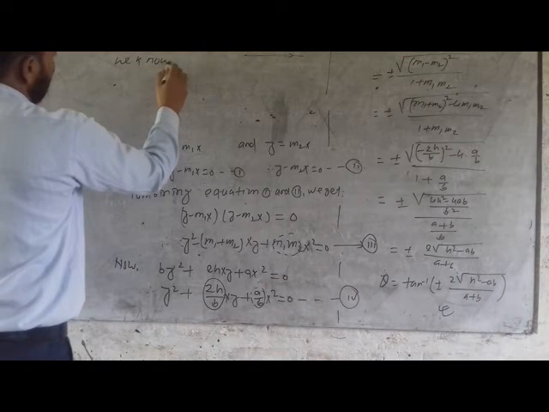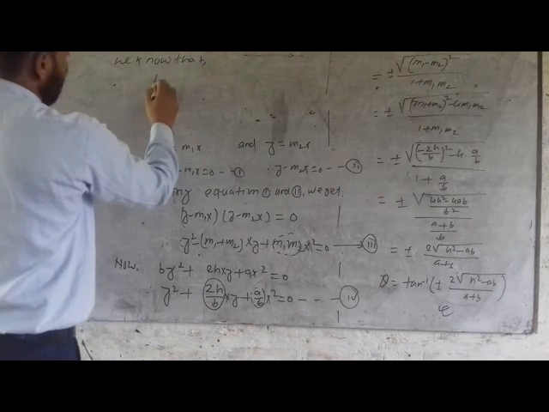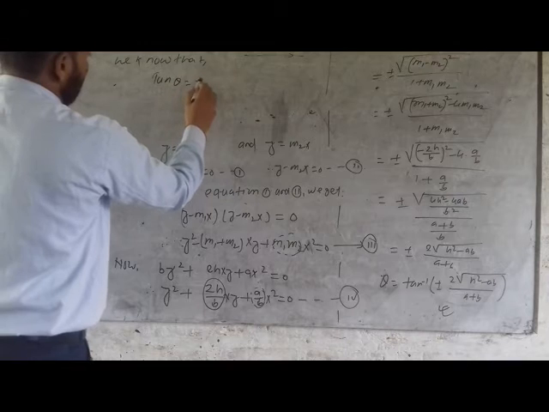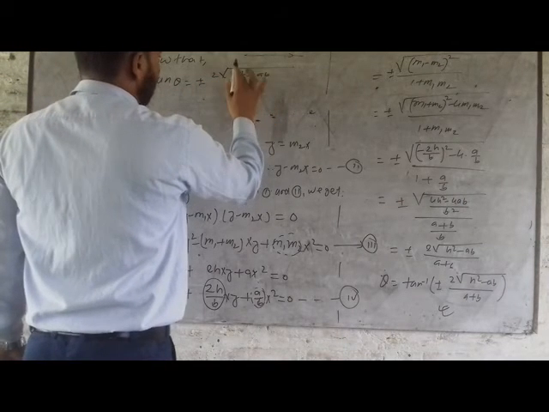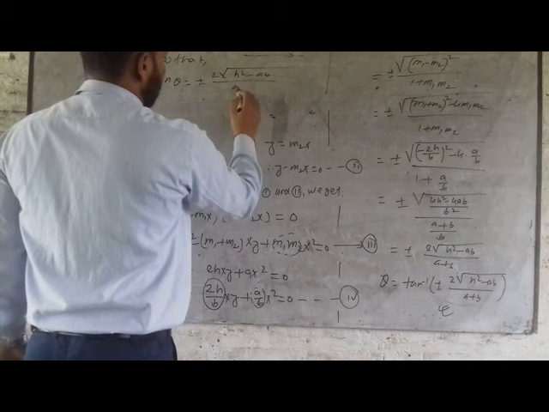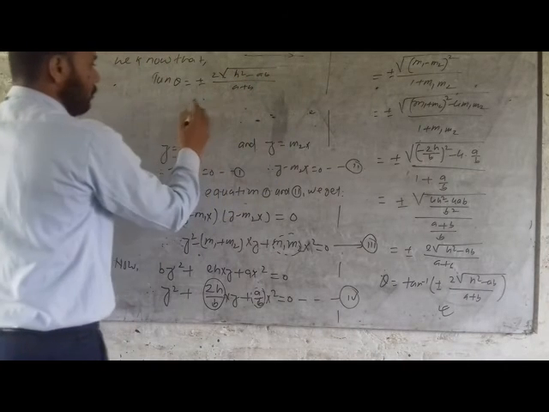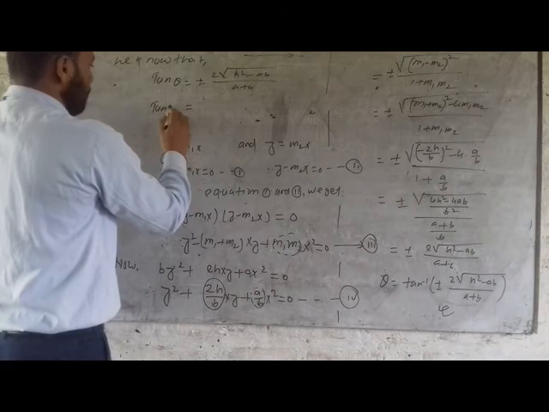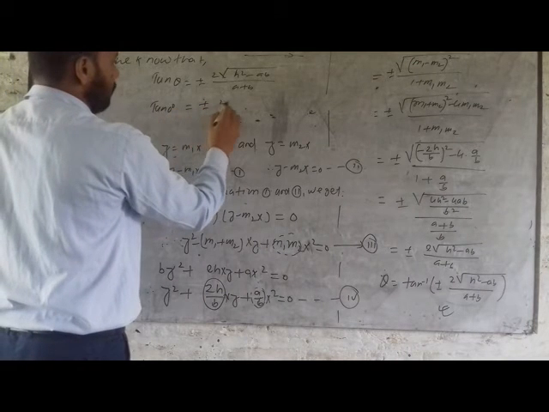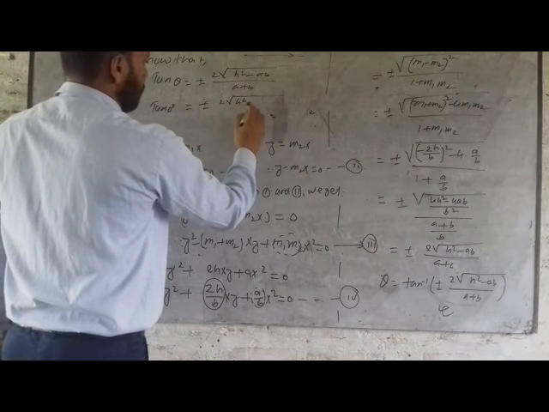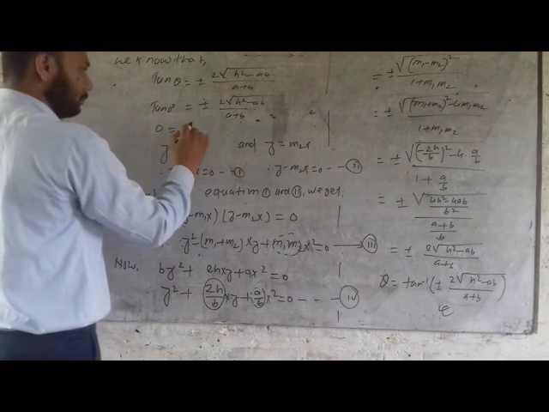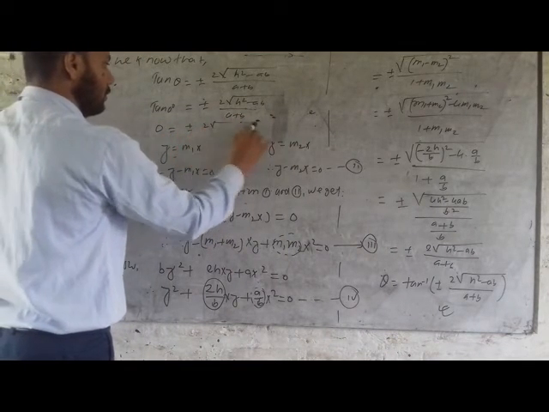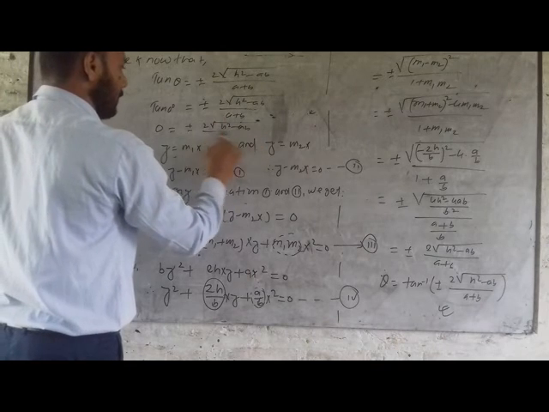We know that tan theta is equal to plus minus 2 root under h square minus ab by a plus b. Then we have tan 0 degree, which is 0, equal to plus minus 2 root under h square minus ab by a plus b.